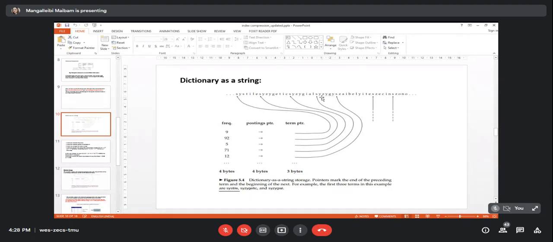And from this another term is starting, like this, and it goes on. So with this, since we use only the term pointer storage, the size is reduced from 20 bytes to 3 bytes. So dictionary as a string, one technique.